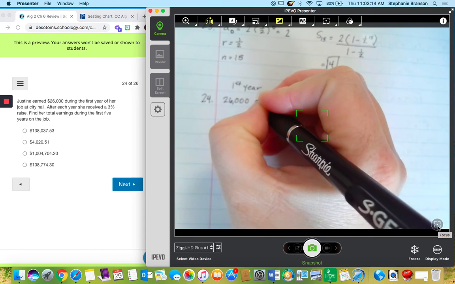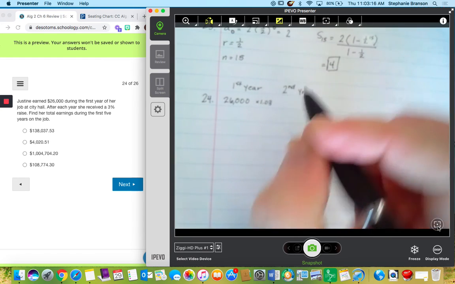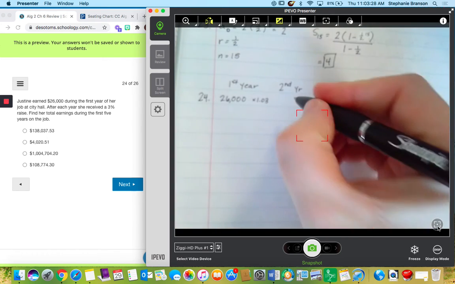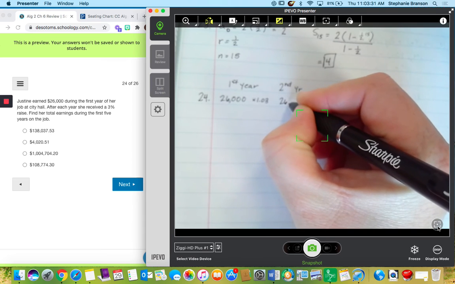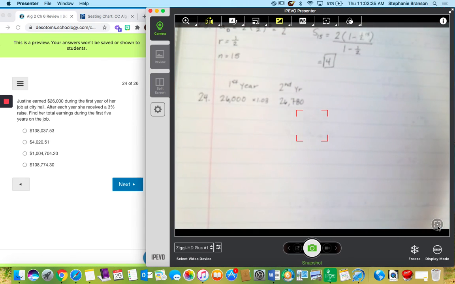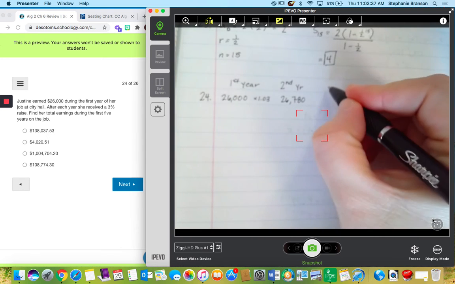So what I'm going to do is multiply that by 1.03. So 26,000 times 1.03. So during her second year, she made about $26,780. And now what am I going to do to figure out what she made the third year?